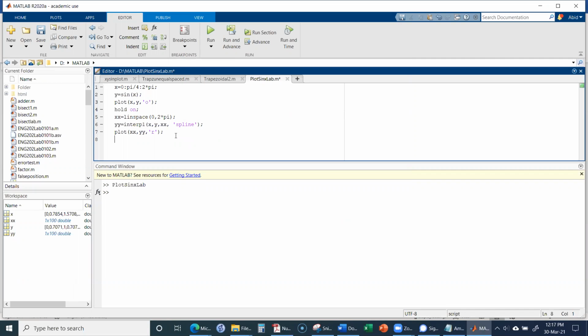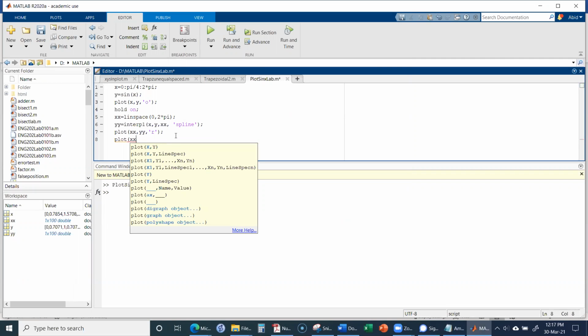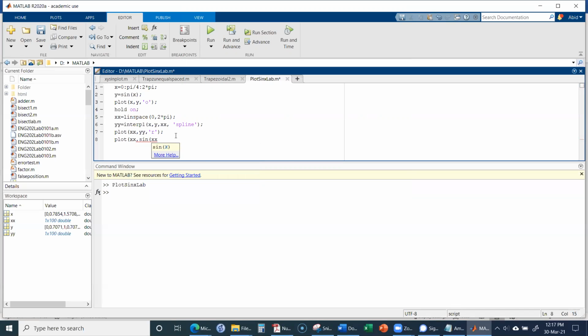We can plot xx, the interpolated values, against sine of xx. This will give us the original data, and let's plot it with a blue line. You can use any color, and let's see how it compares.